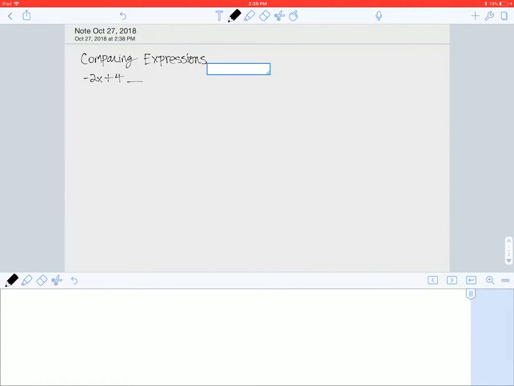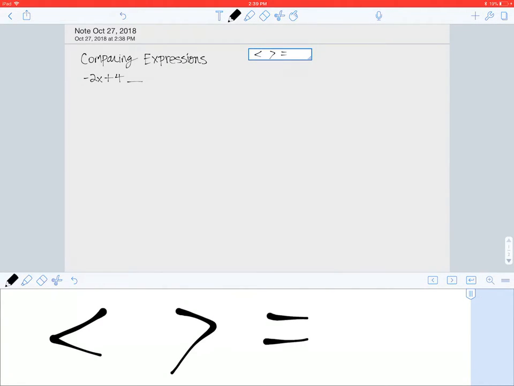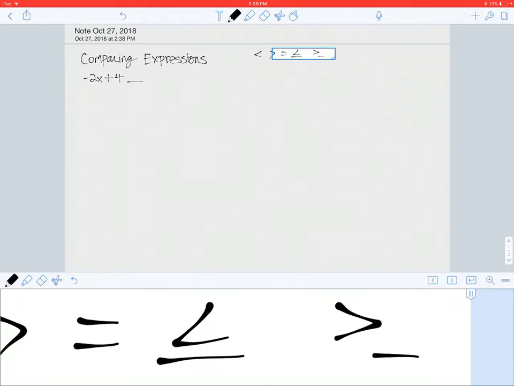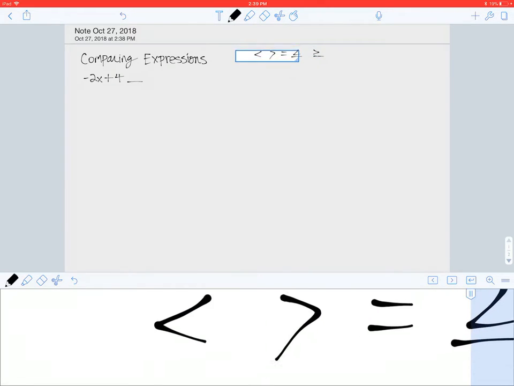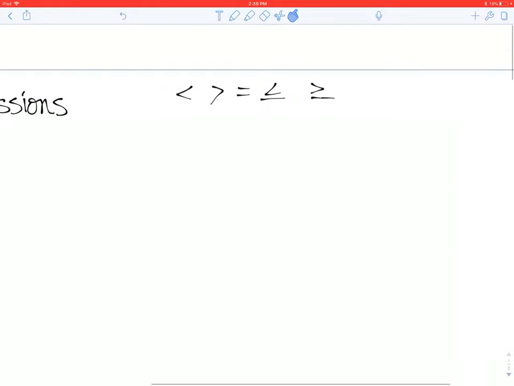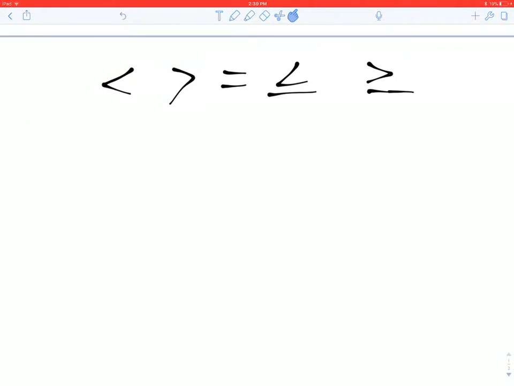Well, first of all, you know that there's these different symbols that go along with these kinds of expressions, and here are the ones that I can think of right now that are important for you. So if you were to take a closer look at this, this one over here is less than.